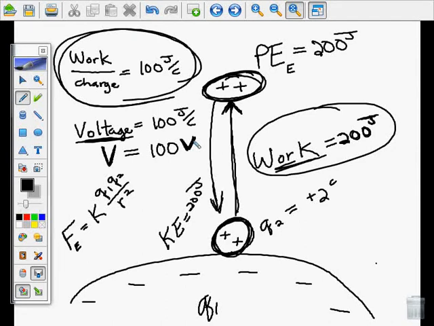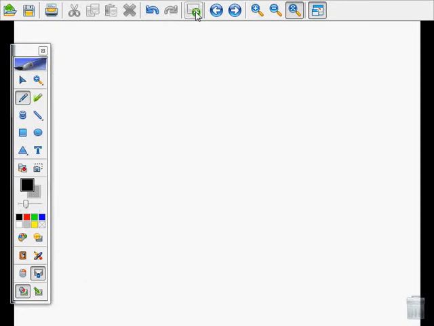Now, if we wanted to write it as a formula, electric voltage is equal to the total work done divided by the amount of charge that the work was done on.